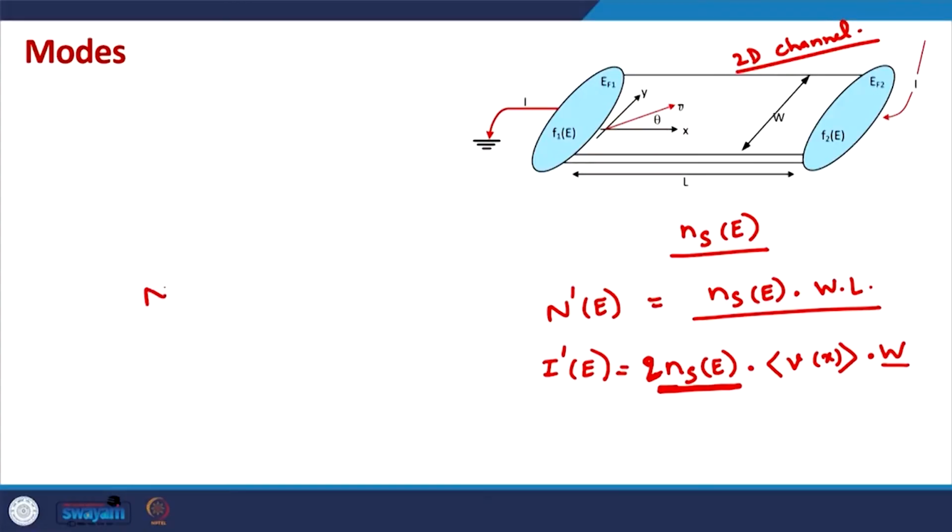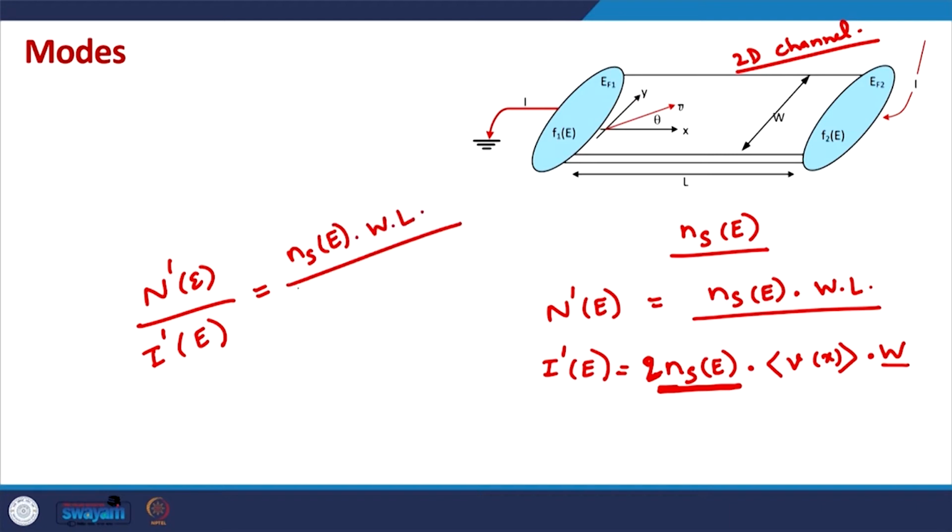So, now the ratio of these two terms, n prime E by I prime E, is NSE times W times L divided by Q times NSE times W times the average velocity of electrons in x direction.